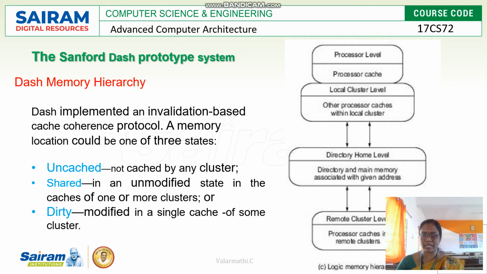After that it is connected and communicates with the directory home level. The memories arranged in that level are the directory and main memory associated with a given address. So the directory memory and main memory are mapped here, and the last level is the remote cluster level. From the name itself, it gets connected whenever communication is required.